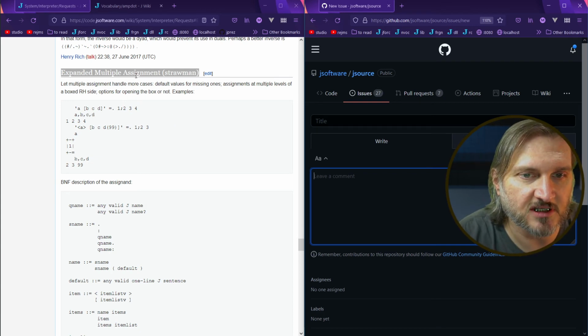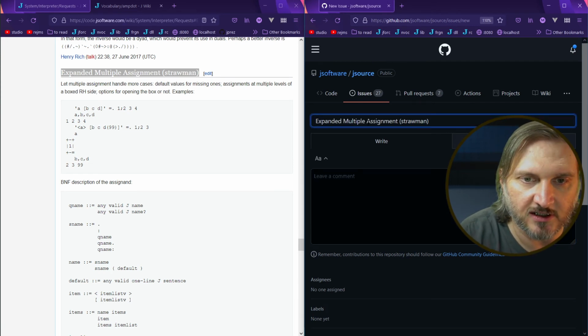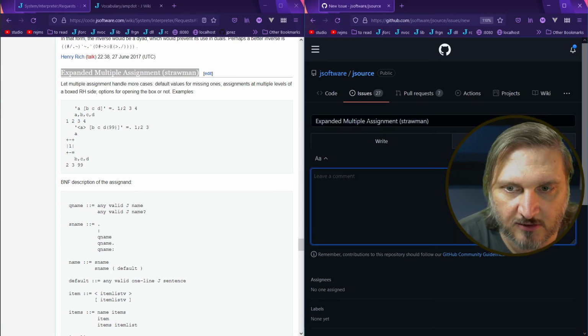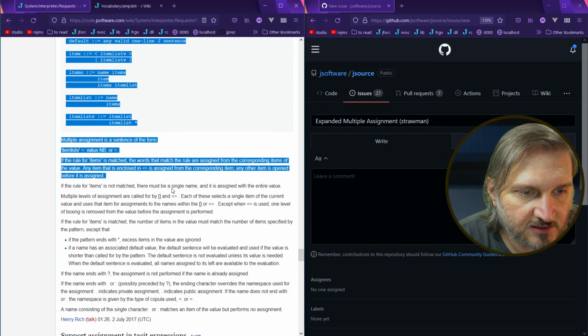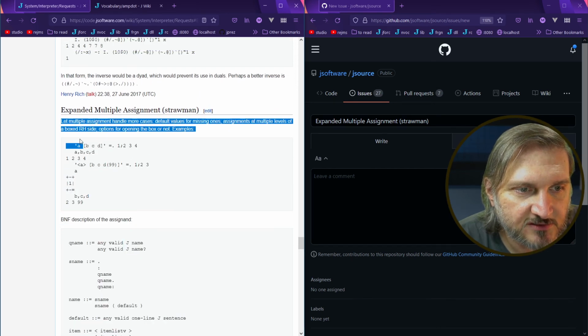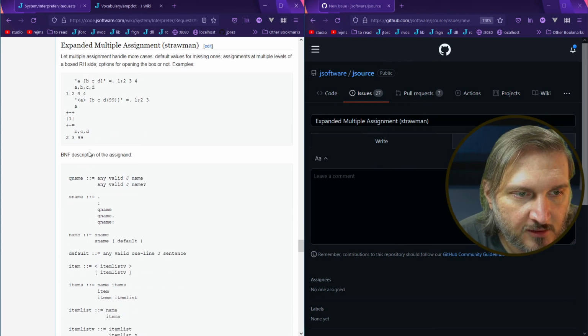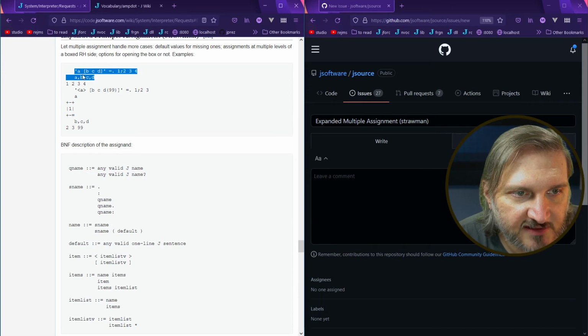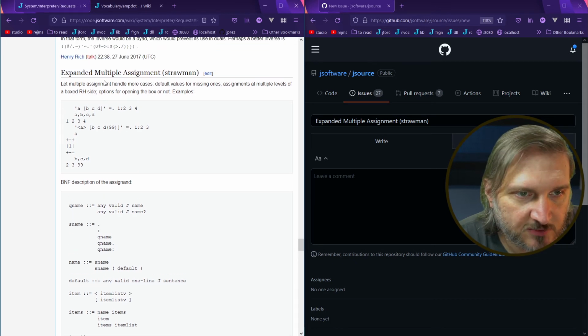So expanded multiple assignment strawman. Strawman indicating that it is not a true proposal. What does it even mean? Expanded multiple assignments. So you can already say this. No, you cannot say this. But you can always use a string on the left-hand side, and if this didn't have these brackets, then you could say A space, B space, C space, D space, and you could assign multiple items.